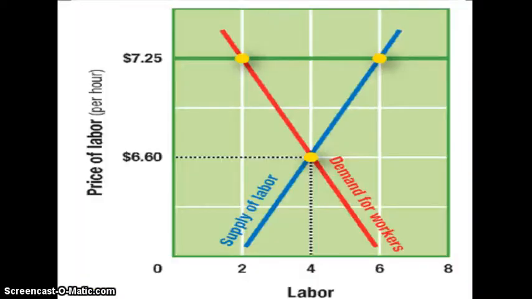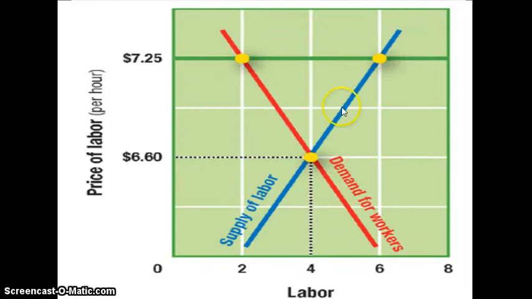Here's an example of what a minimum wage would look like. If you look, the current equilibrium could be $6.60, and at this point producers are willing to hire 4 million workers. However, if we raise the price up to $7.25, now the demand for workers goes down because they can't pay them, and the supply of labor goes up because more people want to work for that amount of money.